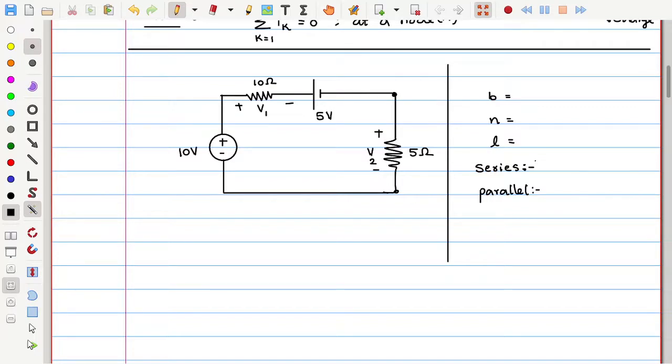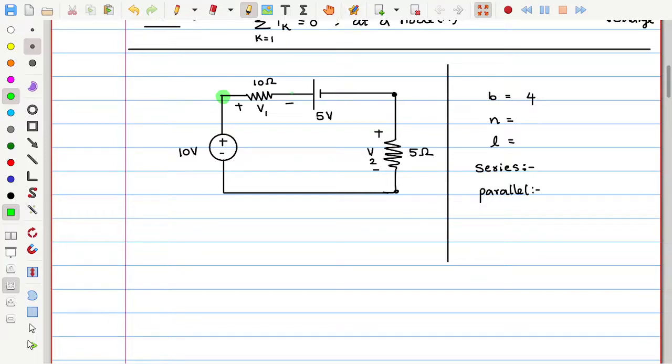Let us see how many branches are there. 10 volts, 10 ohms, 5 volts, 5 ohms. So how many branches are there totally? 4 branches. How many nodes are there? Let us identify. This is a node. Is it a junction connecting two elements? Yes.